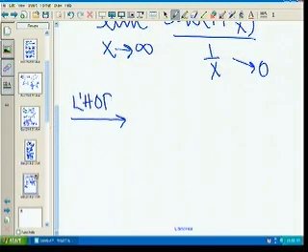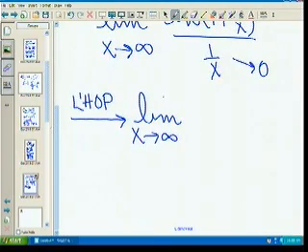Finally. The numerator is covered up. It was the natural log of something. What's the derivative of the natural log of something? 1 over that something. Wasn't it 1 plus 1 over x? Yes. Times the derivative of that something. What's the derivative of 1 plus 1 over x?